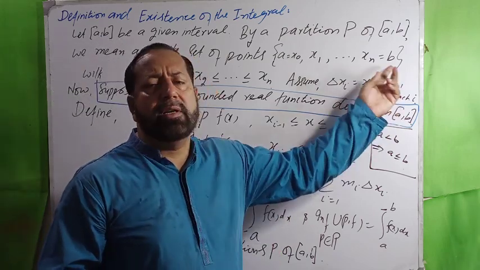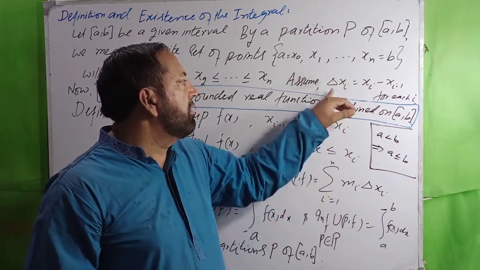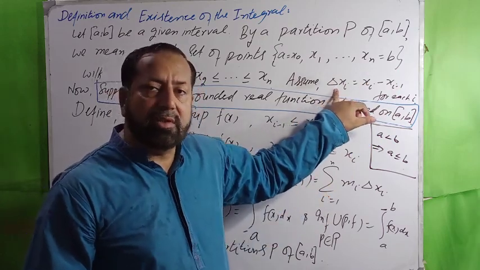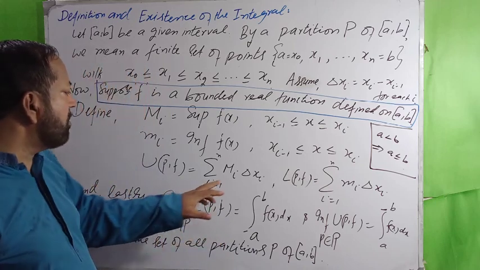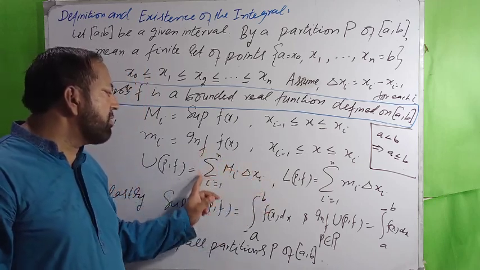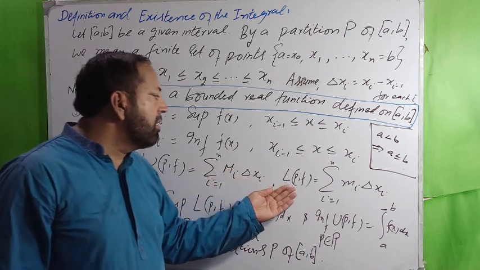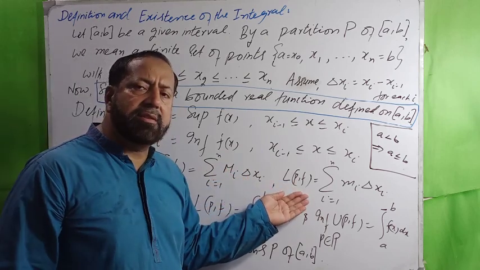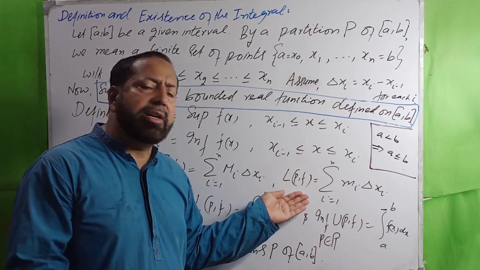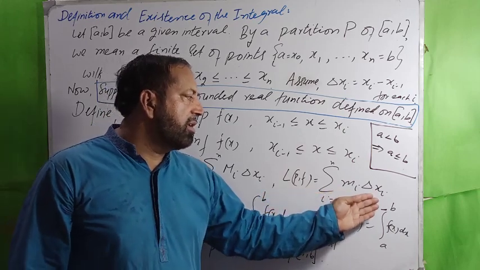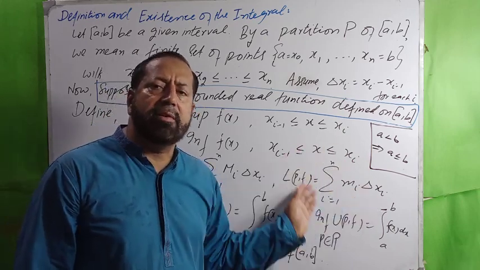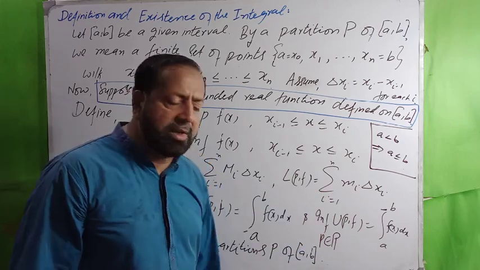So Mi delta xi is the approximate area, not the exact area. Similarly, L(P, f) is lower than the desired area, which is the sum of mi delta xi, as we have already defined in lecture 1.